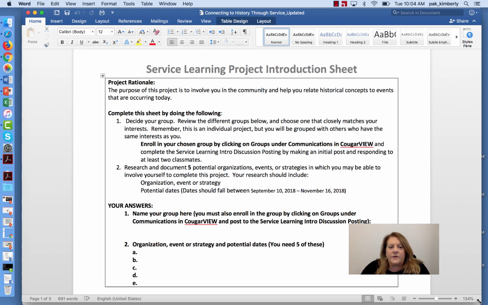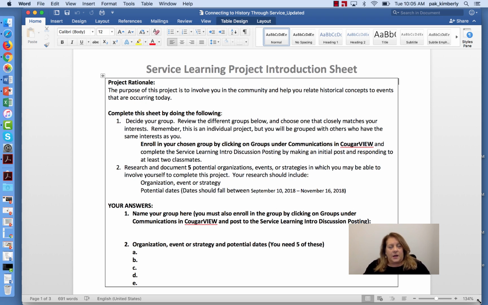So it gives a rationale for the project, and then it asks you to complete the sheet by doing the following. You need to decide what group you want to be in, and I'm going to show you the different groups in just a moment. Review the different groups and then choose one that closely matches your interest. Remember, and I can't stress this enough, this is an individual project, so you don't have to work with your group members to complete your community service.